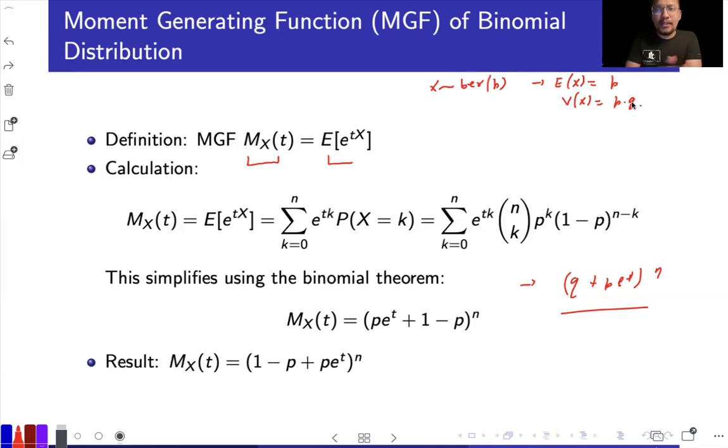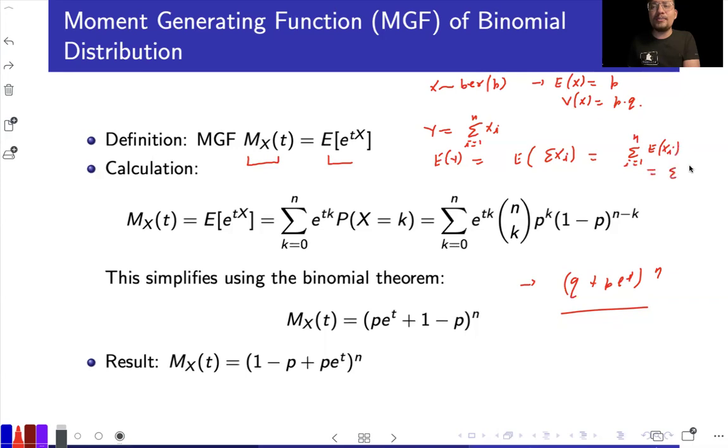Correct? Now, if Y is the summation of Xi, with i running from 1 to n, you have n trials and we are counting the total number of successes. The expectation of Y is the expectation of the summation of Xi, which is the summation over i from 1 to n of the expectation of Xi.